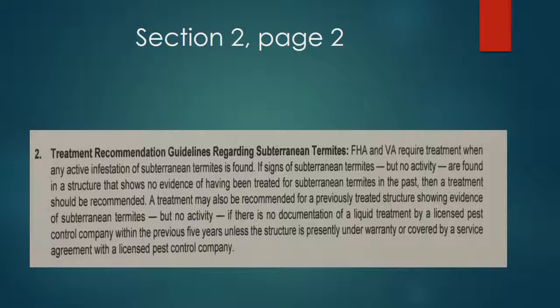So once again, you may see some evidence, staining, tubes, whatever, no activity, but if there's no documentation of a treatment by a licensed company in the past 5 years on the FHA and VA letters, you're going to need to recommend treatment again. I think this is an important section because it gives us another opportunity to sell, and also we're following the guidelines. So if we don't follow the guidelines, once again, we could have an issue in court, and really we want to be protected at all costs.